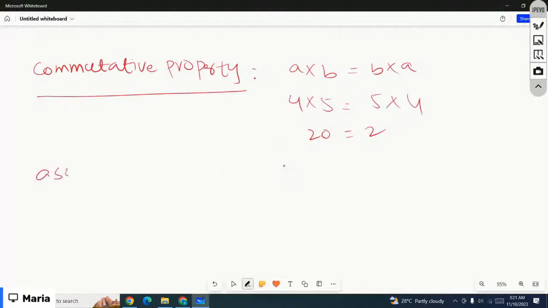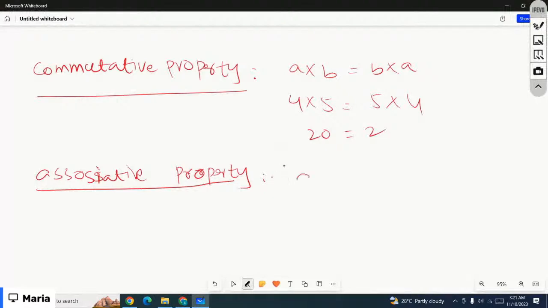Then the next one is the associative property. The associative property holds for three numbers. You have three numbers on both sides, and you just have to group them.